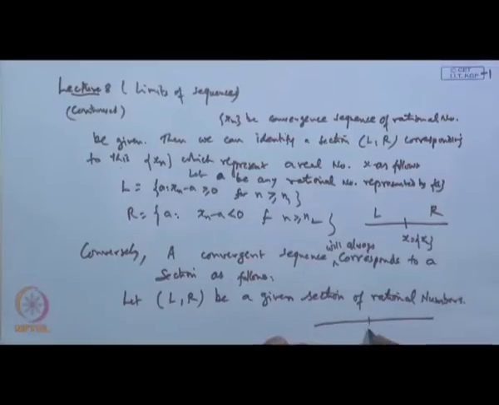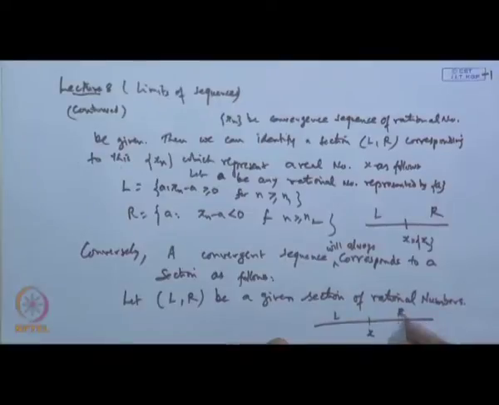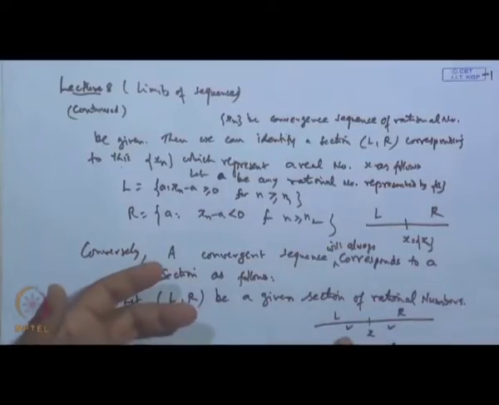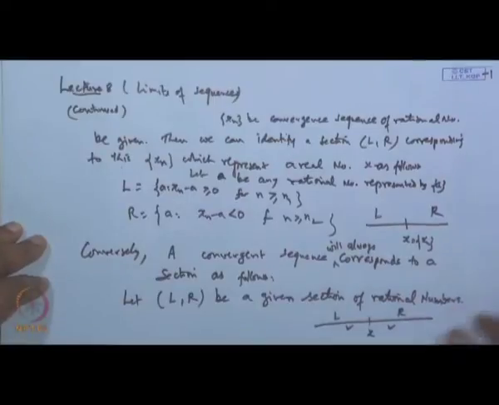Here is some rational number, say x; this is L, this is R. Now, if we pick any two rational numbers, the property of this section is that we can identify two rational numbers, one belonging to this class and another to the other class, such that the difference of these two can be made as small as we please. This is the property which we have.